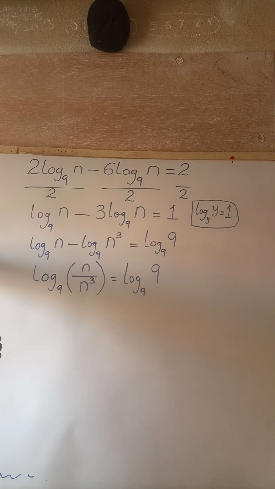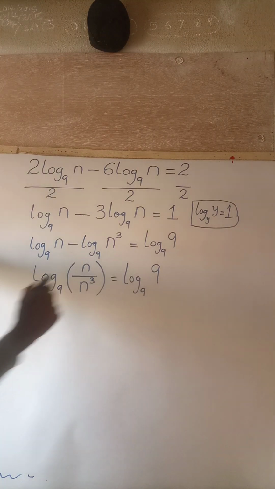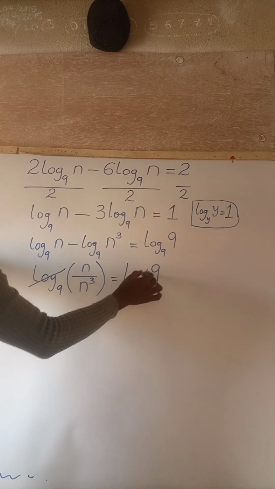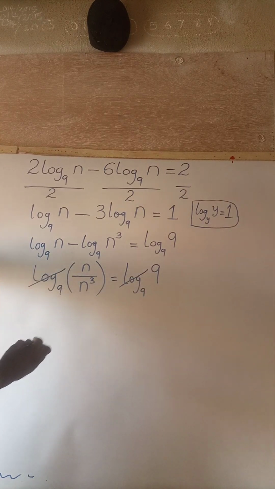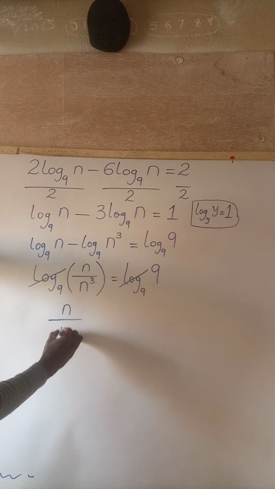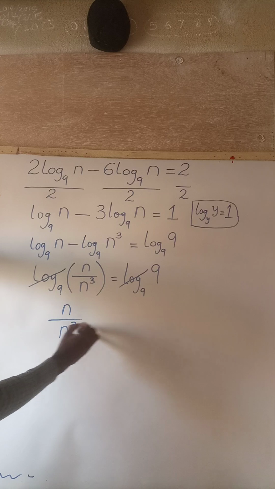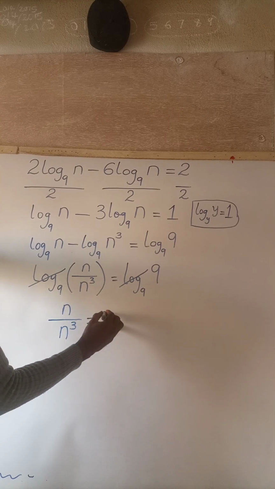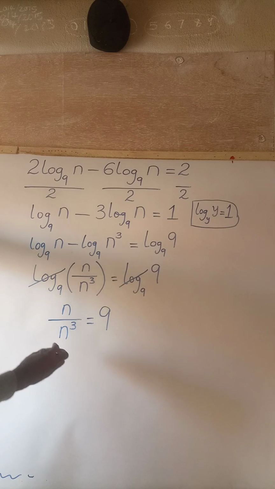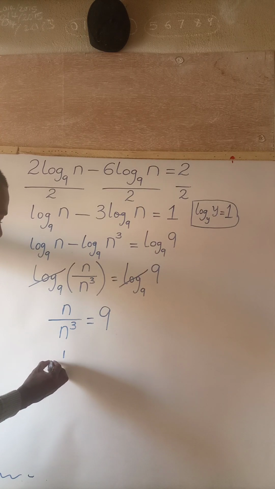Having done that, we will now eliminate the log by dividing both sides by log in base 9. We will now have n over n power 3 is equal to 9.